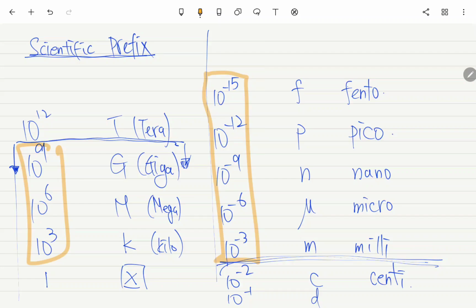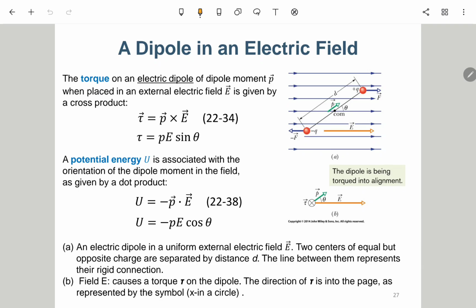It will occur in some of the questions, for example telling you the wavelength is how many femtometers or picometers. So this is the scientific prefix, and you need to remember it.